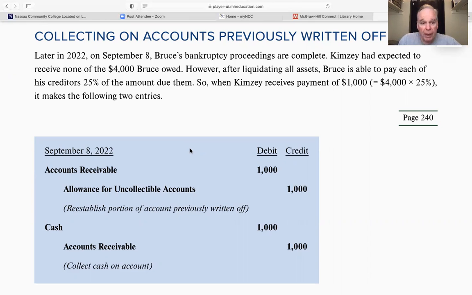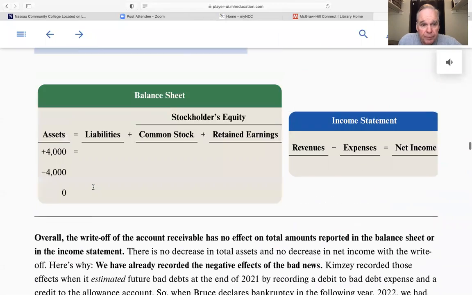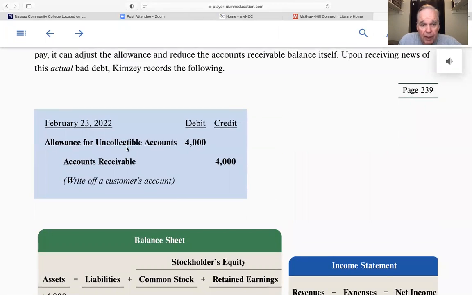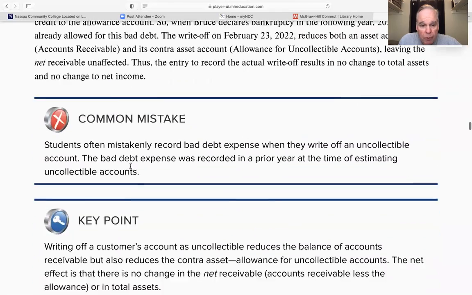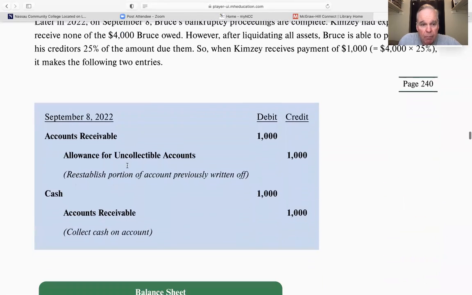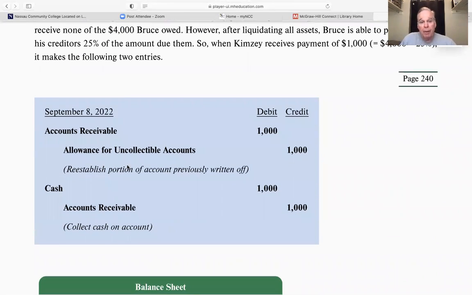Well, now what we have to do is we have to put Bruce's account back on the records. So remember when we wrote him off? Debit allowance, credit accounts receivable. We're going to reverse that. We're going to put that back, but we only put back what he's able to pay us.